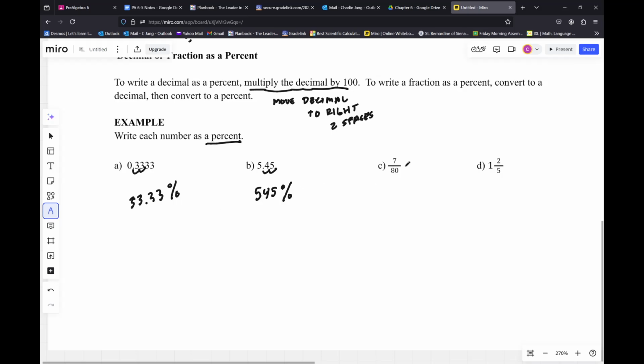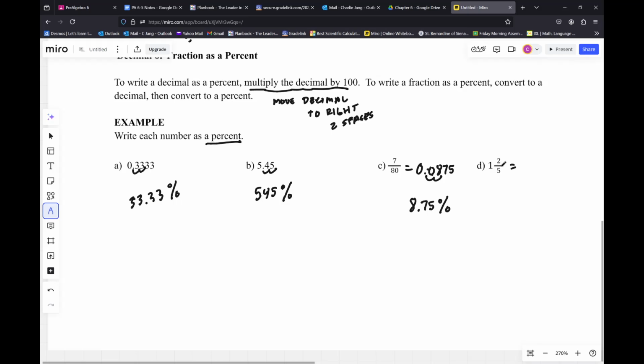This as a decimal will be 7 over 80. I'm using my calculator, and I get 0.0875. Then if I move this 2 decimal places, this is 8.75%. Okay?